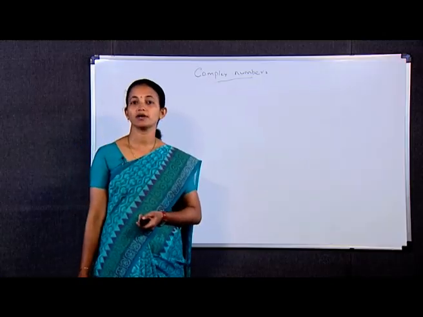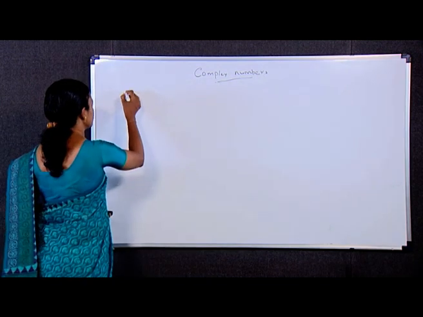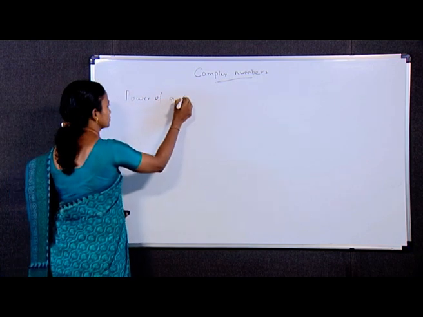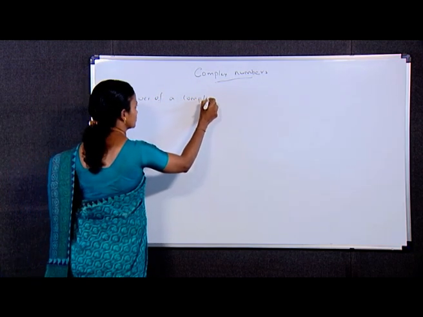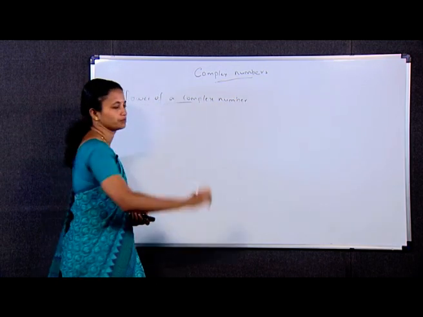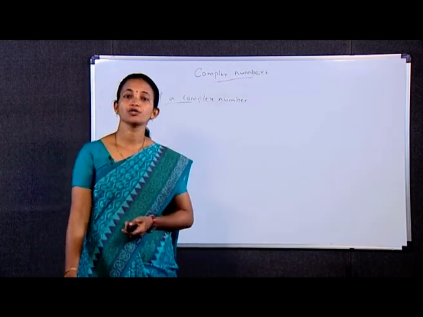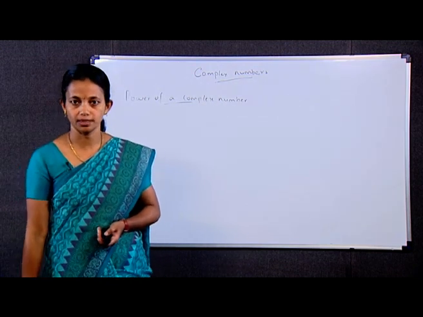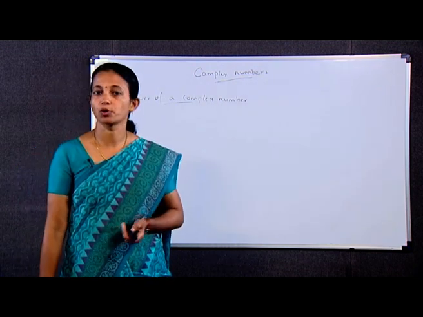Next we have power of a complex number. In order to find the product of two non-zero complex numbers z1 and z2, polar form is more useful.